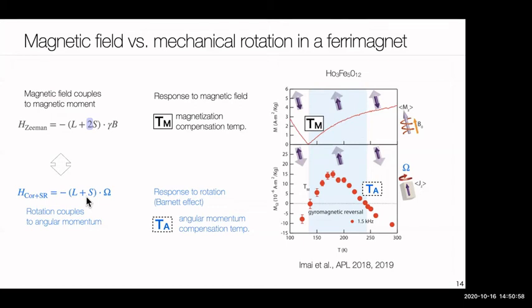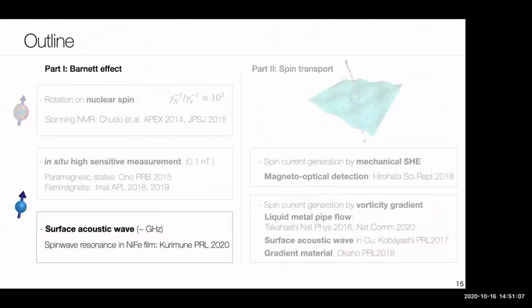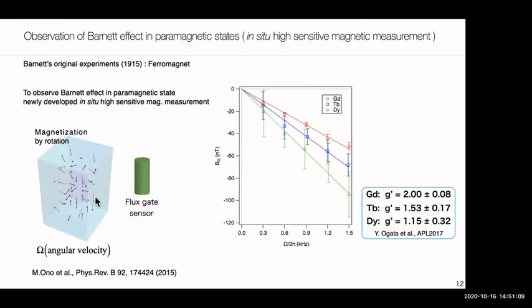So here the accuracy may be important. But so far, our experimental accuracy is very limited. For instance, for the gyromagnetic ratio measurement, we just have this number.